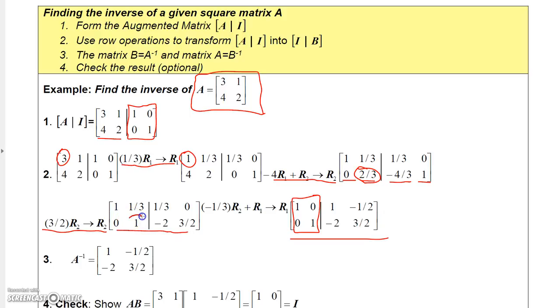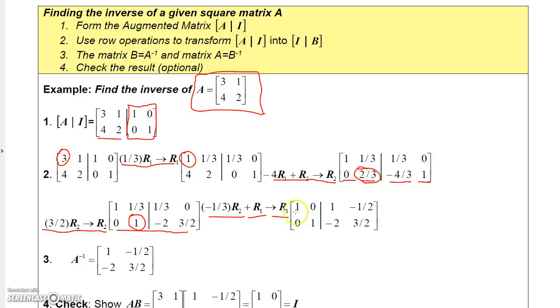Now I've got the 1. Now I want to use that 1 to eliminate the 1 third. So I need to multiply row 2 by negative 1 third, and then add it to row 1 and put the result in row 1. So negative 1 third times 0 is 0, plus 1 is 1. And then negative 1 third times 1 is negative 1 third plus 1 third.